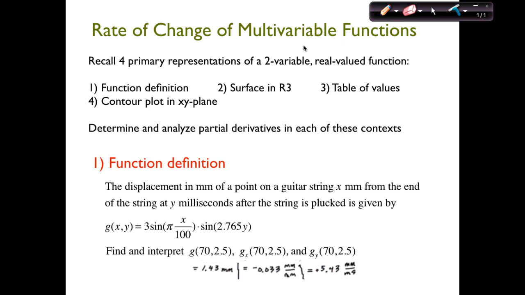So what about the 1.43 millimeters? Veronica, did you interpret that first one? Yeah, so we said that the first one was the displacement. Well, we were just talking about the different interpretations. Okay, so the 1.43 millimeters, what's all the details behind that? So it's the displacement, but there's more to it.